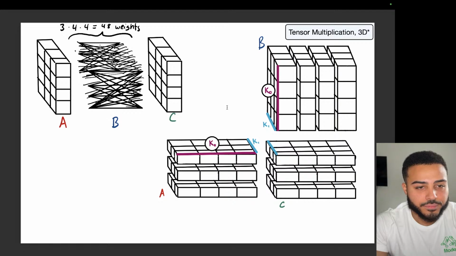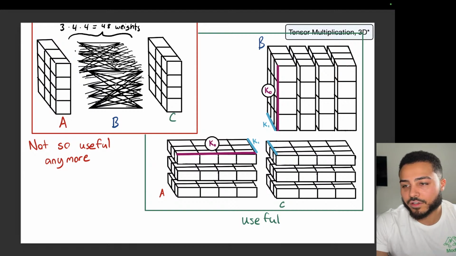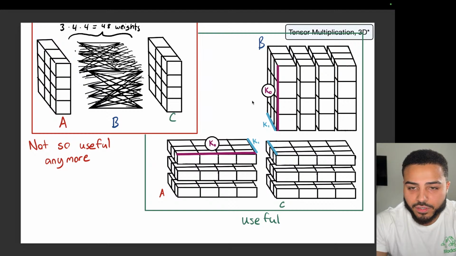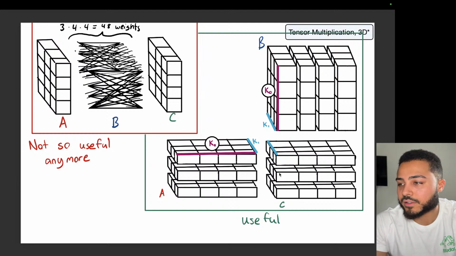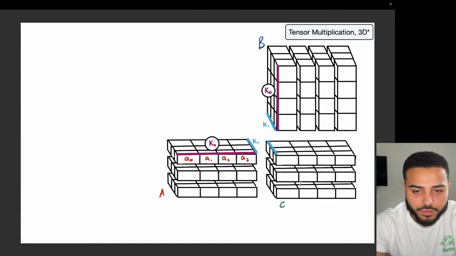Anyways, it's definitely not fully connected, but there's 48 weights because in this B tensor, you have 3 times 4 times 4. So there's 48 weights. So at this point, the way we draw neural networks sometimes is not so useful anymore. But this is actually going to be pretty useful for us to explain the rest of this. I think I have 20 minutes left.